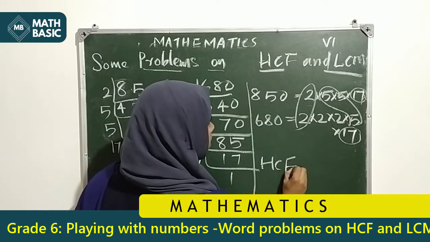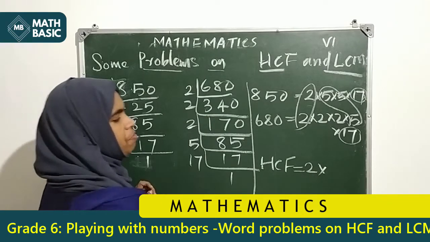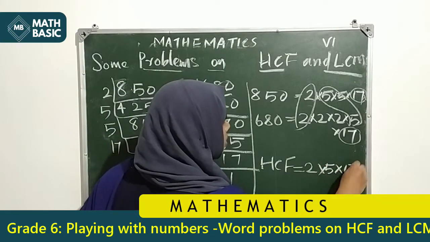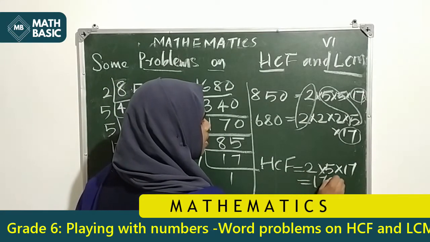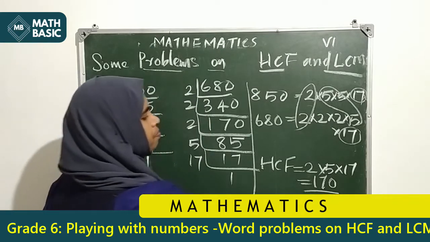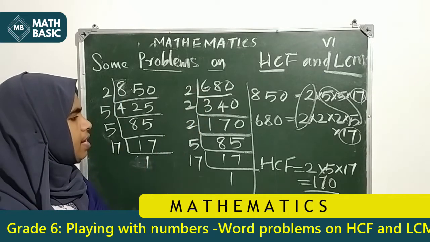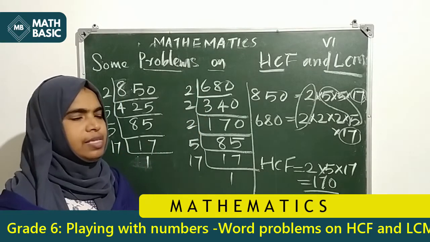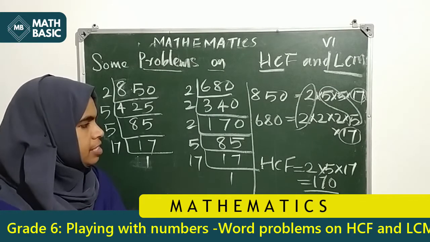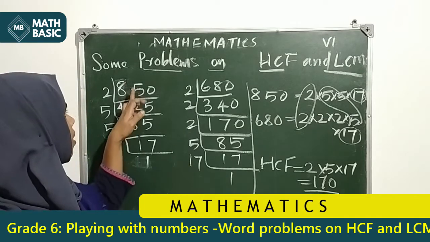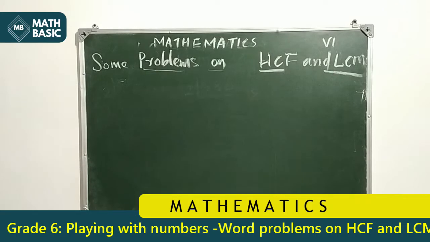So HCF equals 2 into 5 into 17. 2 into 5 is 10, 10 into 17 is 170. So the HCF of 850 and 680 is 170. So the maximum capacity of the container is 170 liters.